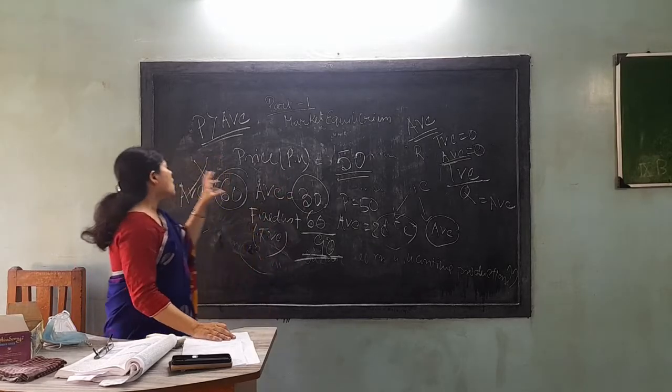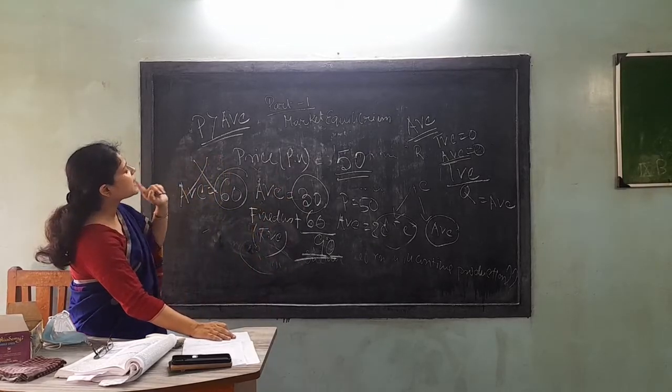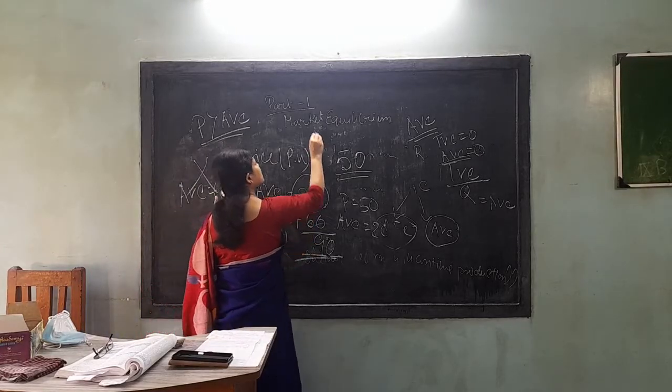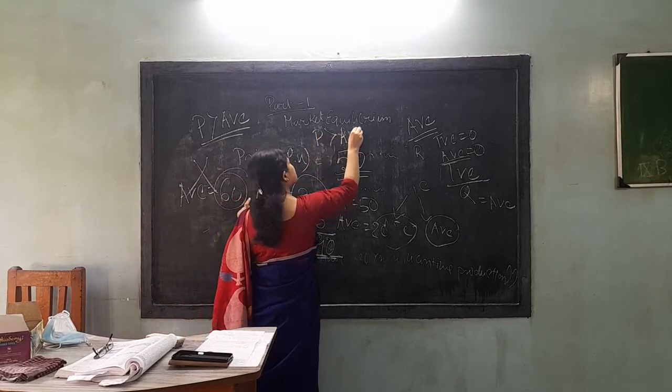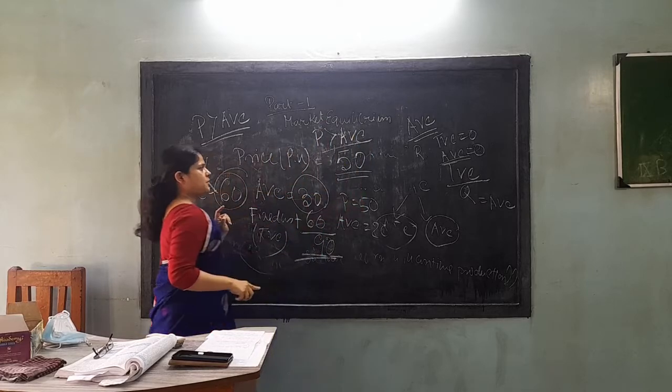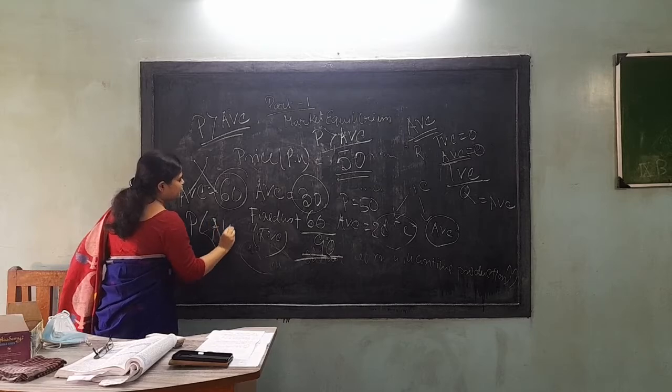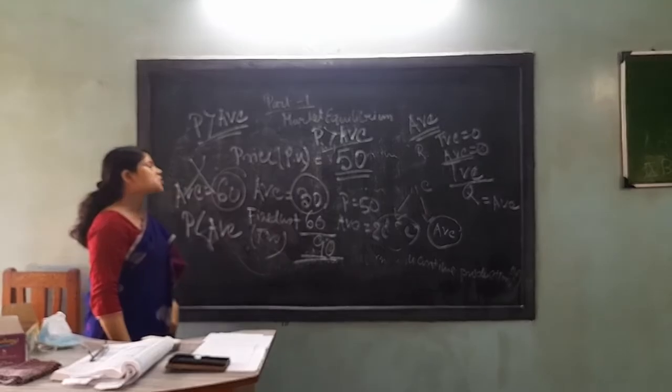So remember, if the price is more than the average variable cost, the firm will continue the production. But if the price is less than the average variable cost, the firm stops the production.